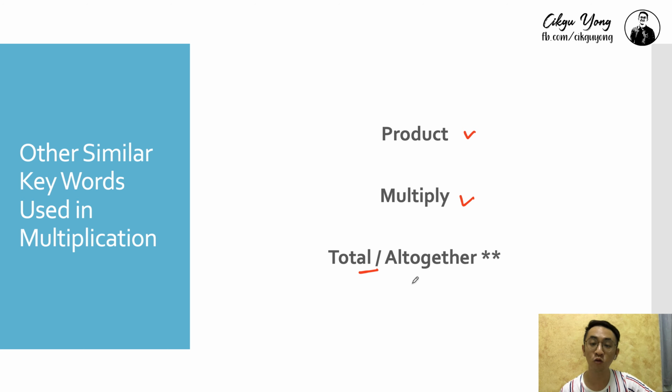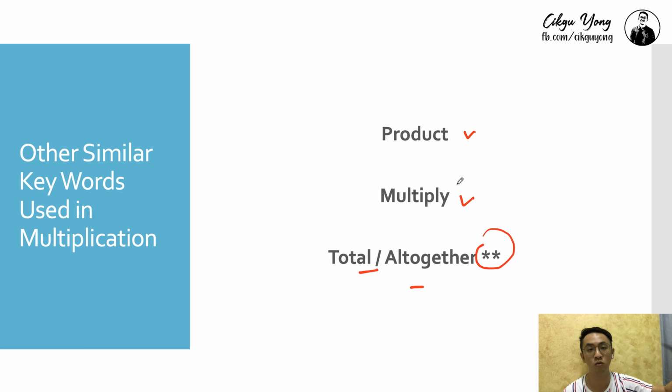And for total and altogether, the reason I put 2 stars here is because you can see these words in addition as well as multiplication. So I would say it really trains you by practicing continuously. Whenever you see this type of question, it will involve either addition or multiplication.